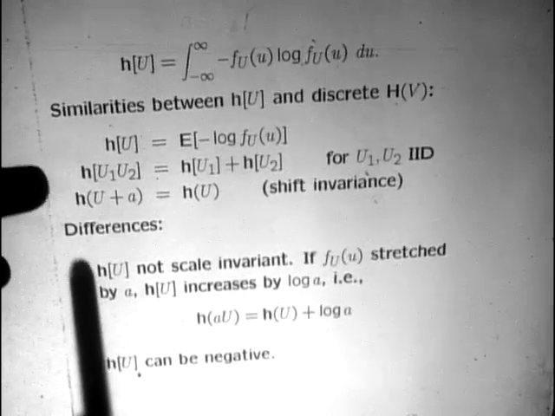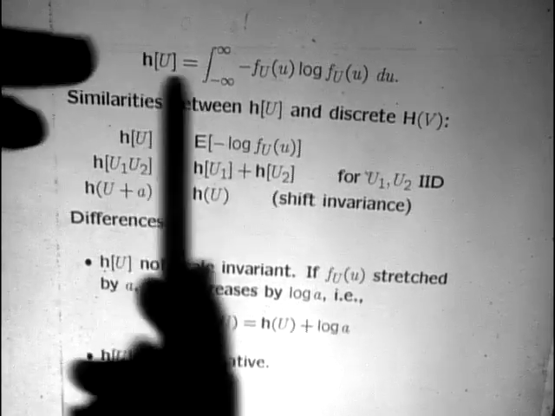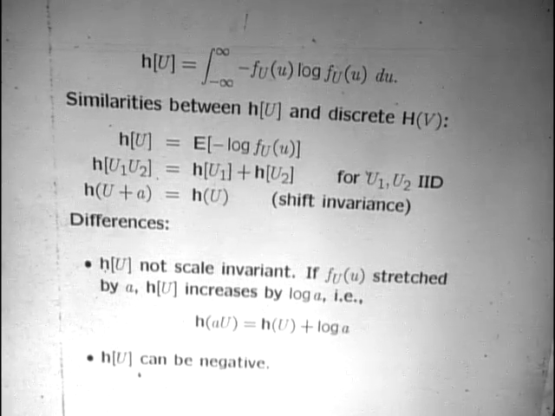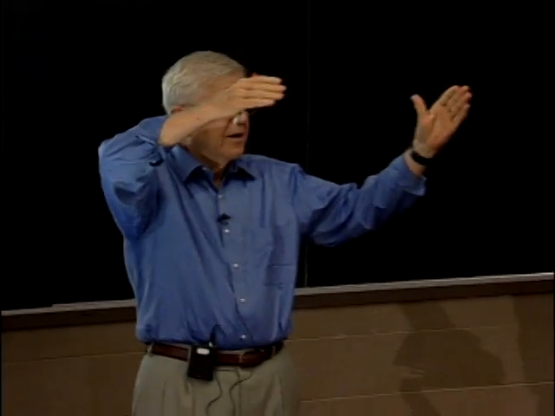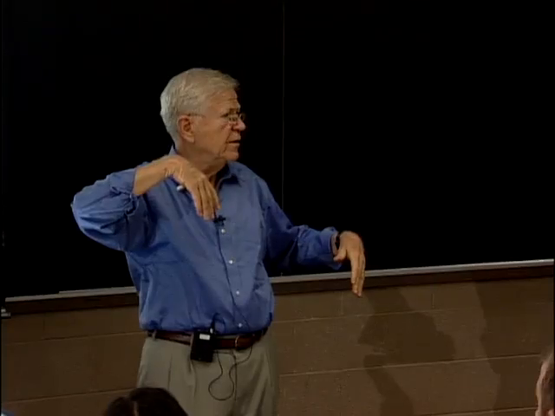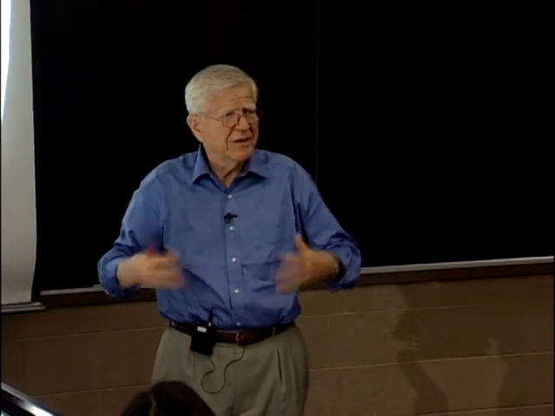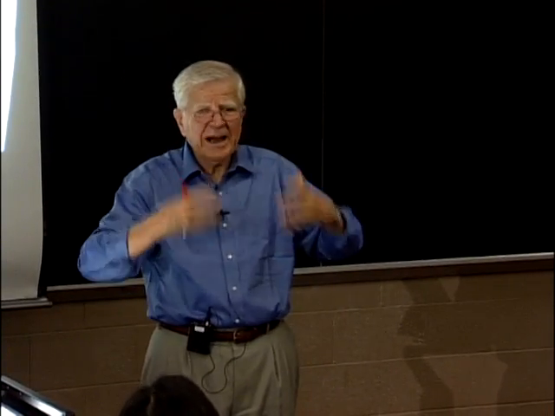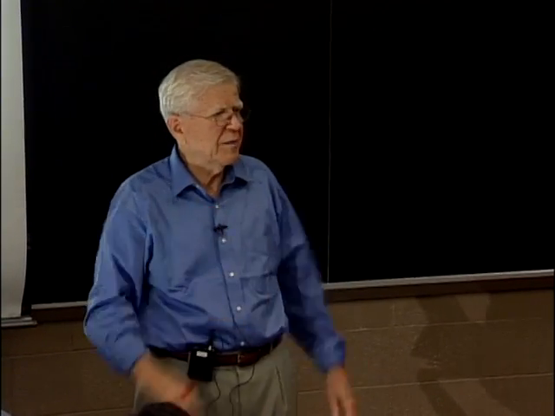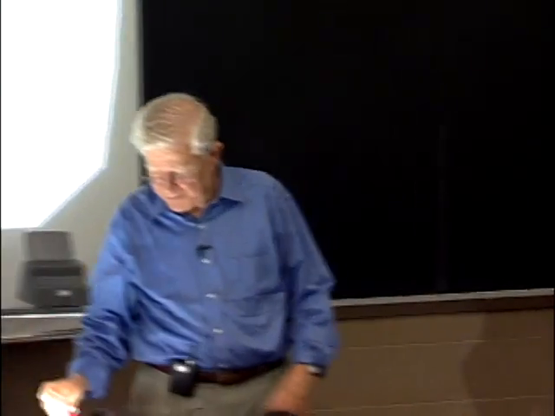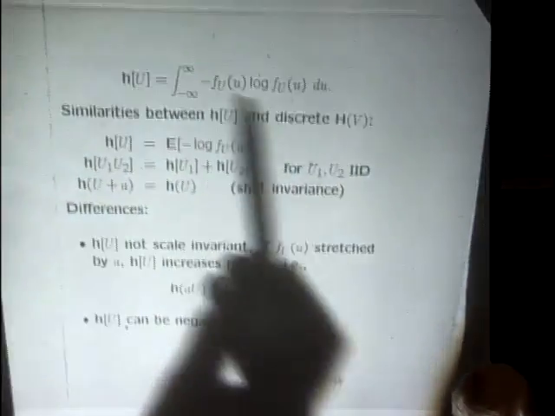And the next thing is, if you shift this density, if I have a density which is going along here, and I shift it over to here and have a density over there, the entropy is the same again. Because this entropy fundamentally doesn't have to do with where you happen to be. It has to do with what these probability densities are. And you can stick that shift into here.